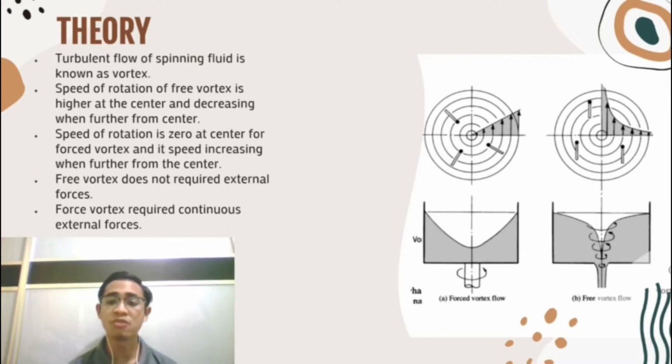And a forced vortex requires an external force, as mentioned in the introduction, where we use the impeller to make the vortex, and the fluid particles that rotate at constant angular velocity cause the vortex to be formed.